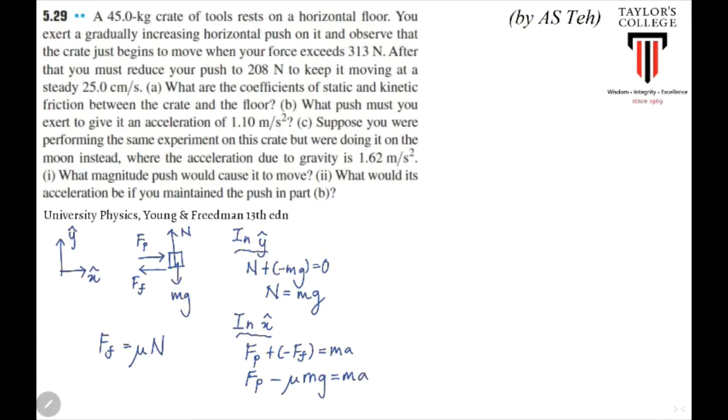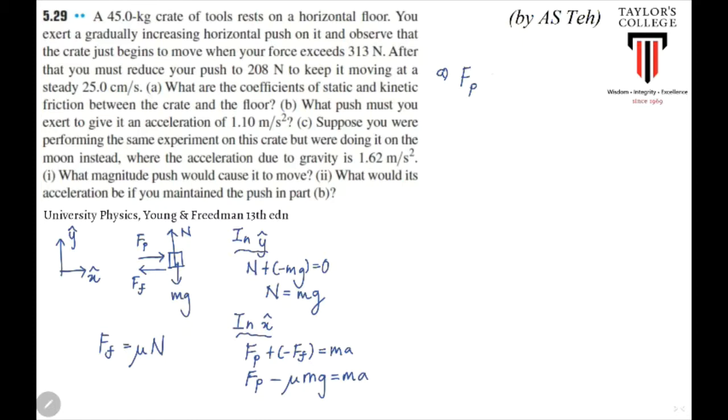Okay, let us look at the first situation. In situation A, there's a pushing force and the box is static, which means that in this case ma is equal to 0. Once the box is pushed up to a certain force, then it starts to move.